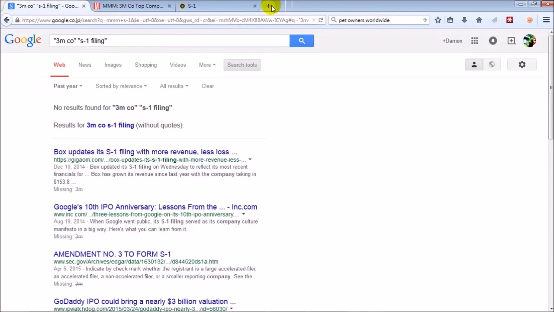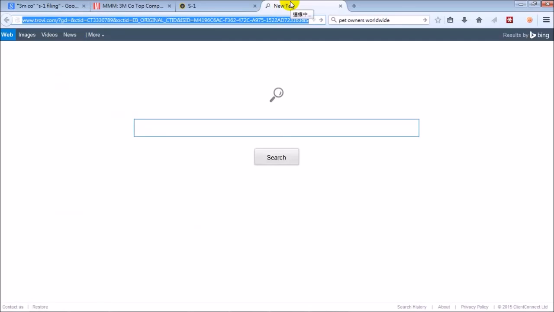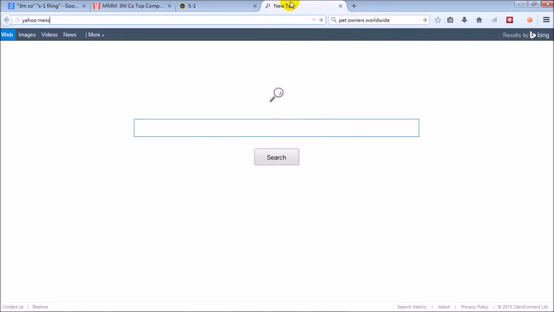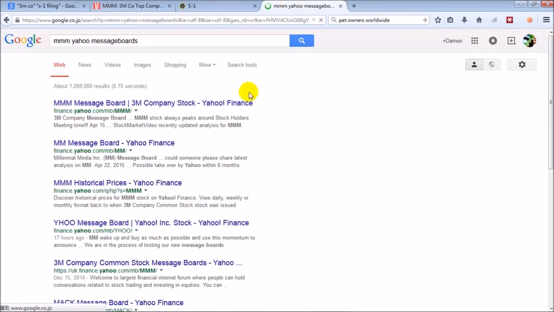All right, so a third place to look, and a lot of people would disagree with me here because there's a lot of bullshit that goes on here, is Yahoo message boards. It's kind of weird because you don't know who is participating, but I feel it's a great place if you don't look at it as serious analysts discussing a stock, but as a place to aggregate information and rumors.